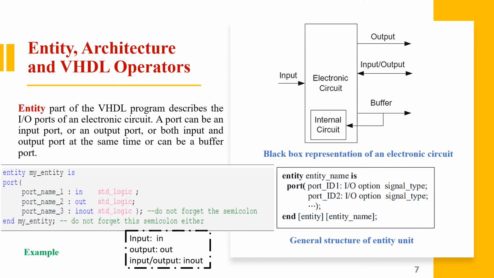What is the entity? The entity part of a VHDL program describes the input or output ports of an electronic circuit. A port can be an input port, an output port, both input and output port at the same time, or a buffer port.